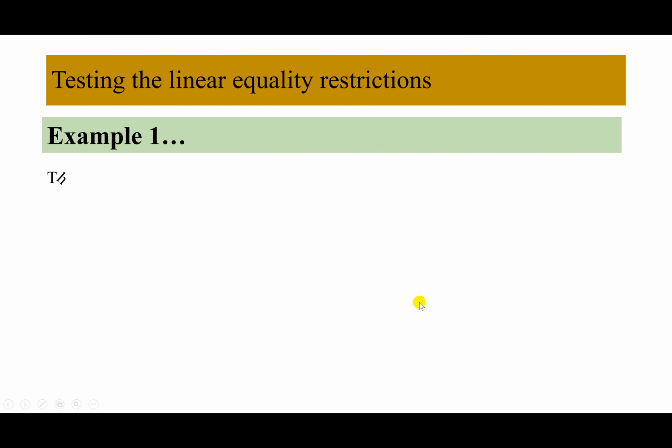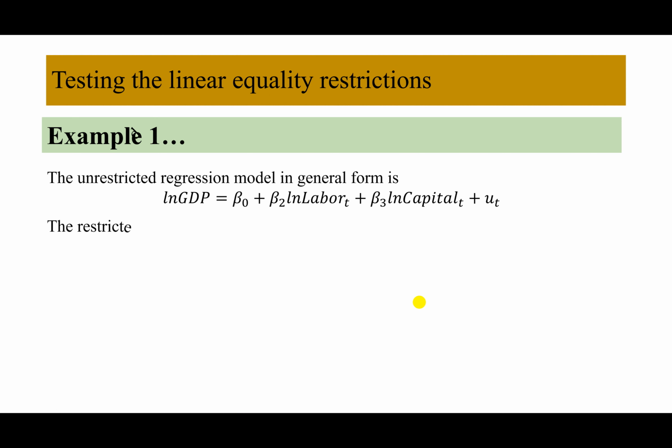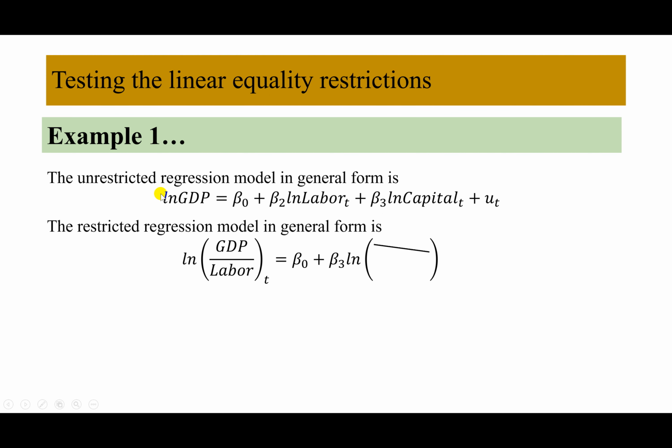So from the given result, we can easily estimate our test statistic. Before that, let us write the restricted and unrestricted models in general form. The unrestricted regression model in general form is given by this: log GDP is equal to beta 0 plus beta 2 log labor plus beta 3 log capital plus UT.